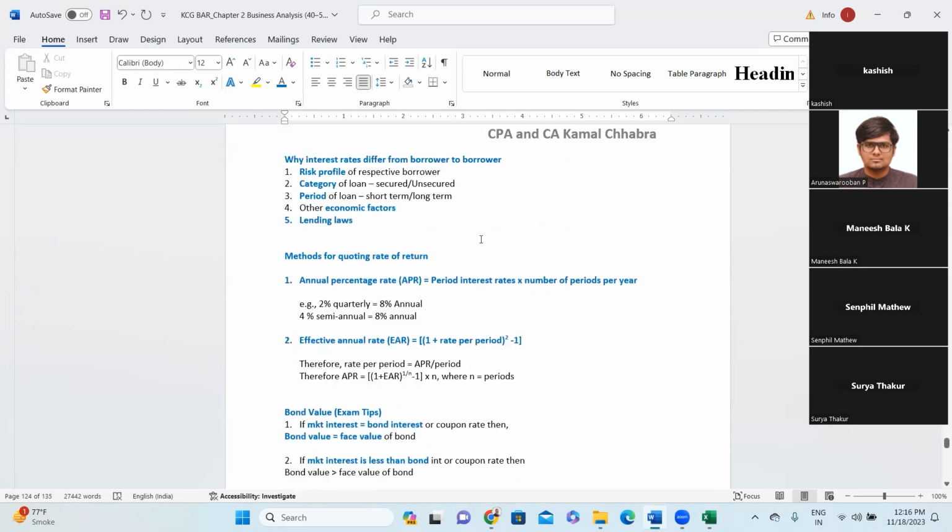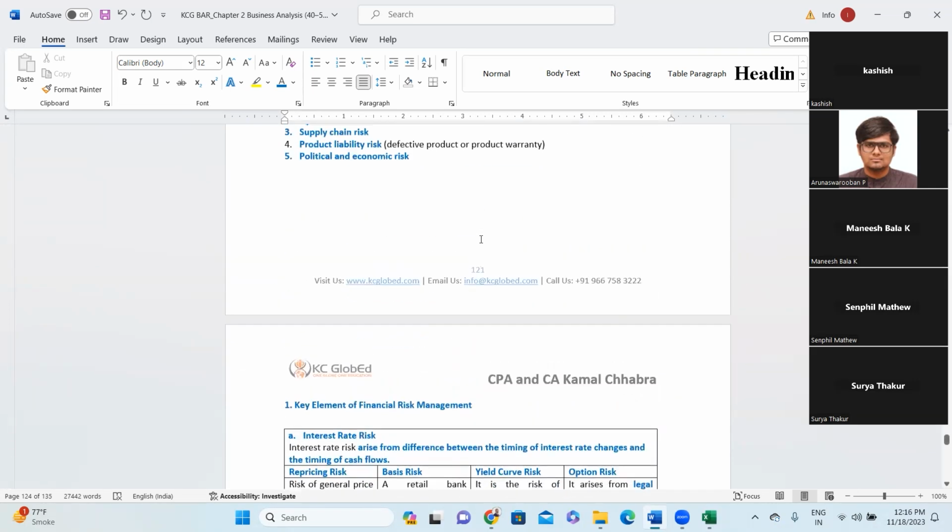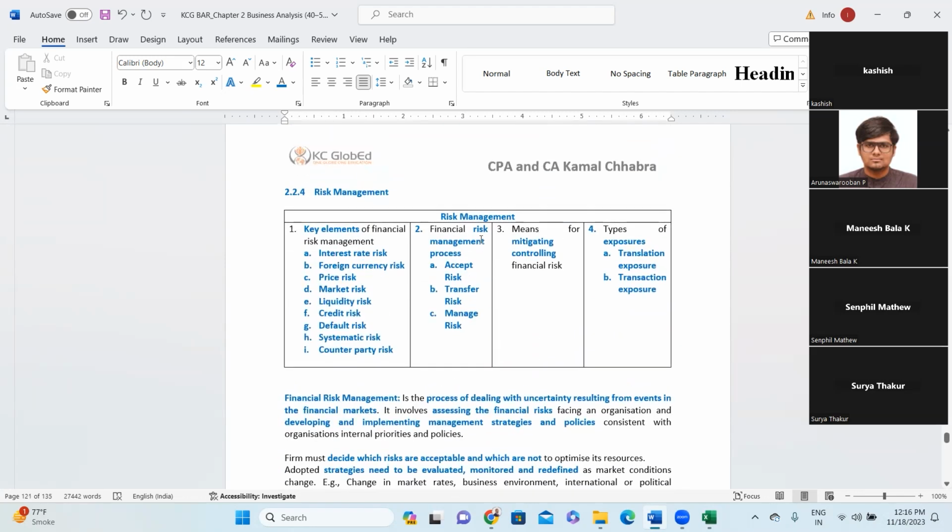Right? So if you see, we have started this one, 2.2.4 risk management. In the risk management, we are understanding three things, financial risk management majorly. First is identifying the element of risk management, then the risk management process, then mitigating control, and the last one is type of exposure.